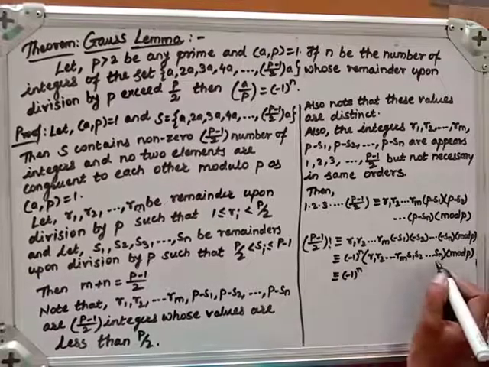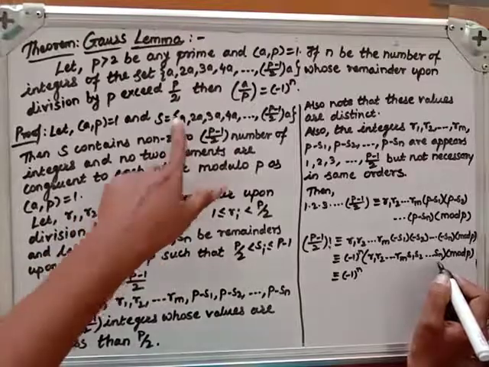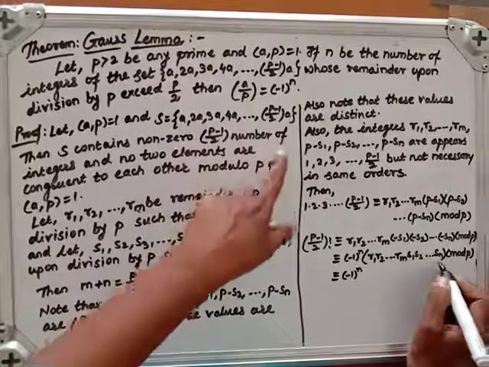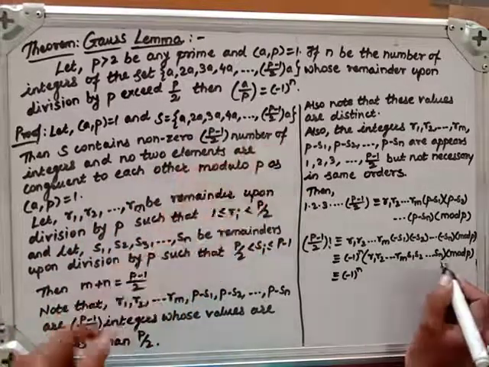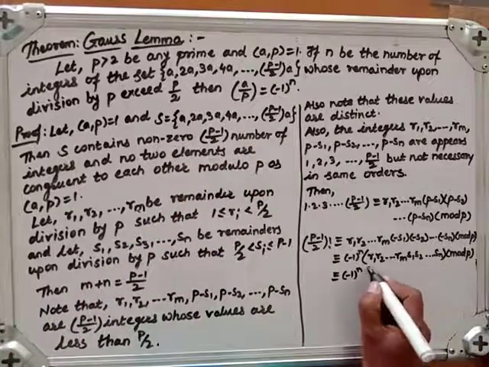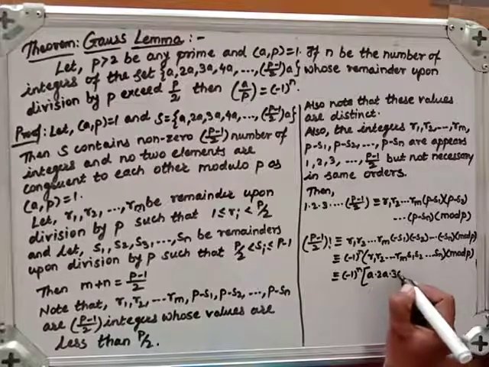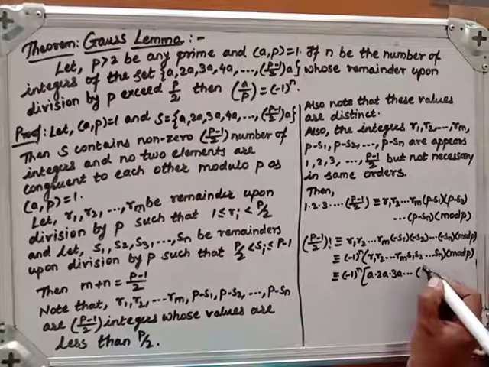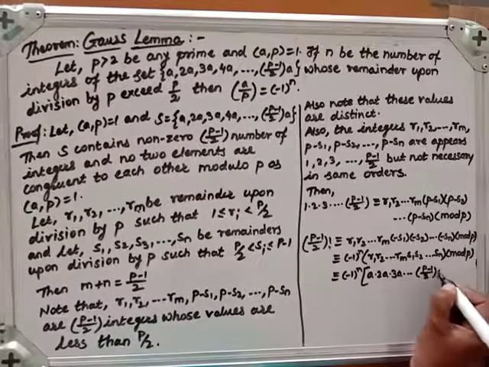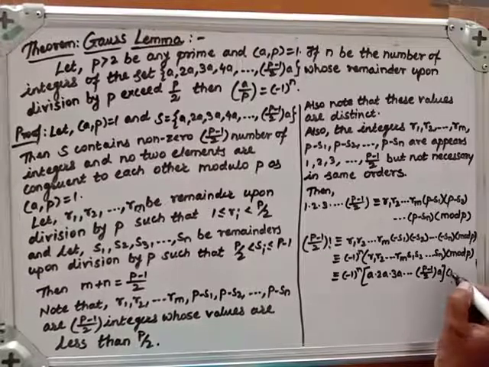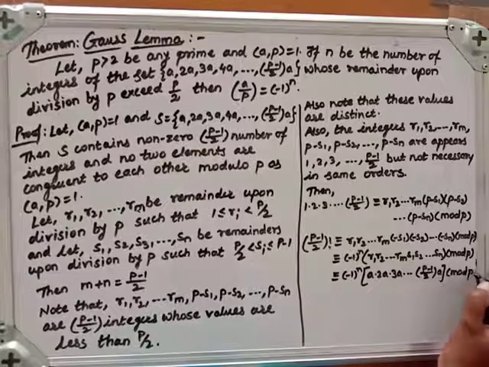So this is congruent to (−1)^n. This product is nothing but the remainders of these, so that product will be a·2a·3a and so on up to ((p−1)/2)a modulo p.